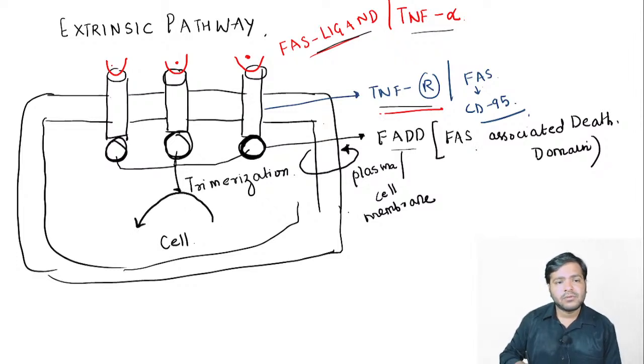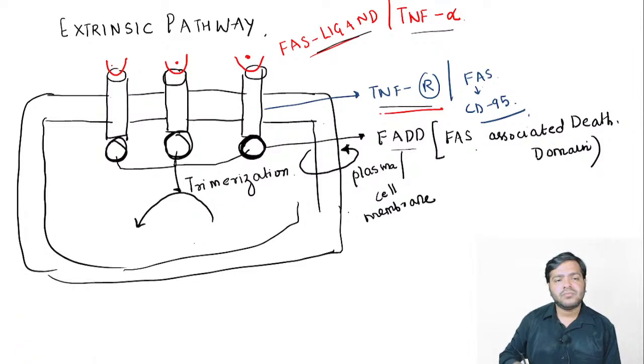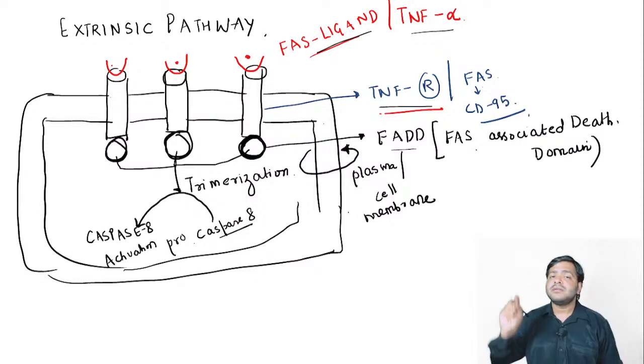And this trimerization will initiate the procaspase 8, or will convert the procaspase 8 to functional caspase 8 activation. This procaspase 8 is normally present in the cytoplasm.